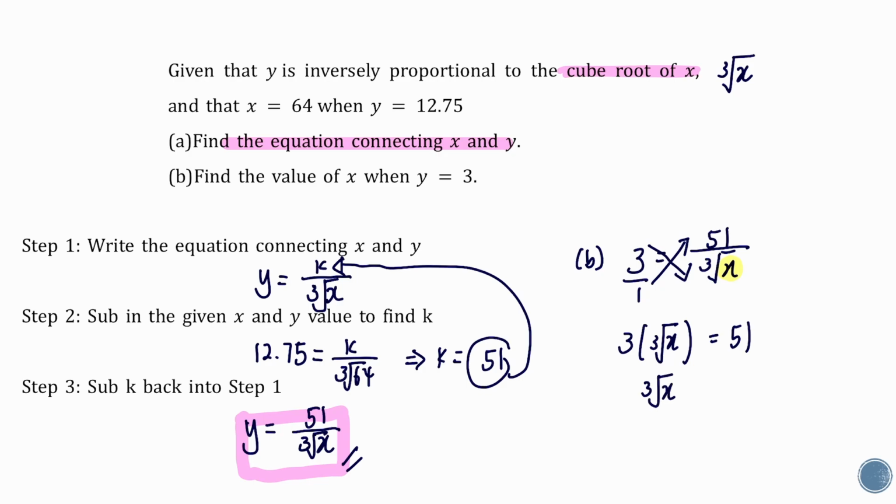Next divide the 3 over, which gives us 17. If you want to remove cube root of x, you just cube both sides. That will help you to get rid of the cube root. And then 17 to the power of 3 will be 4913.